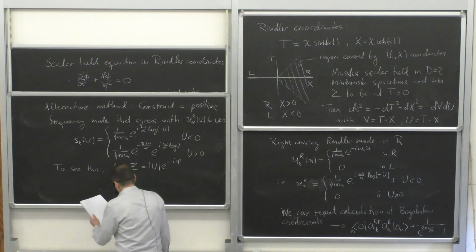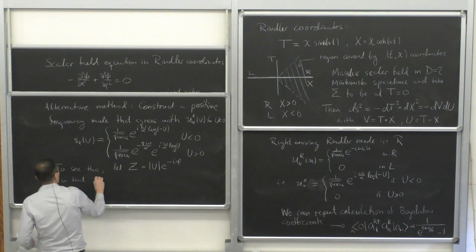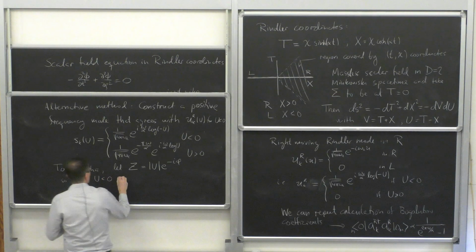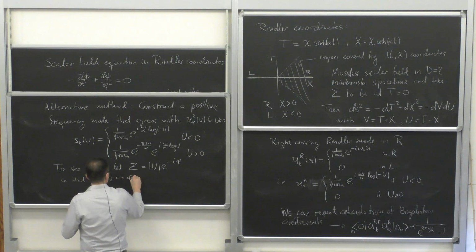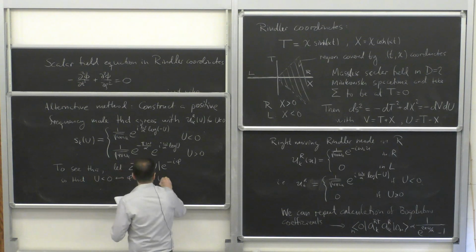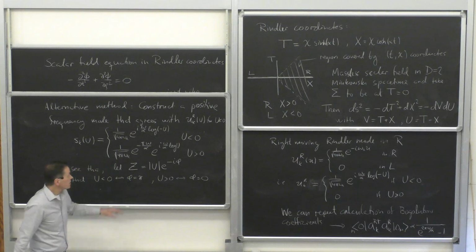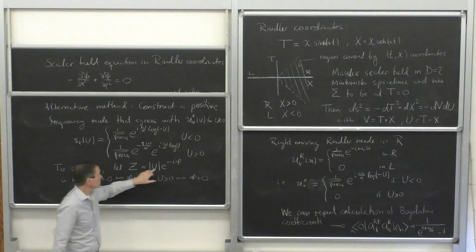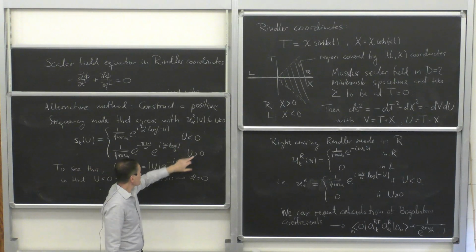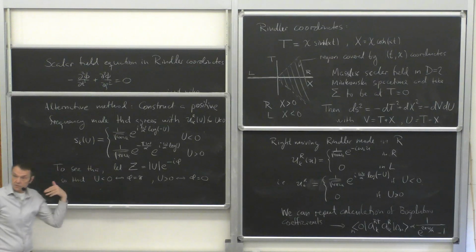okay? And so u less than 0 corresponds to phi equal to pi, and u greater than 0 corresponds to phi equal to 0. So I'm looking at a complex variable that agrees with u on the real axis.